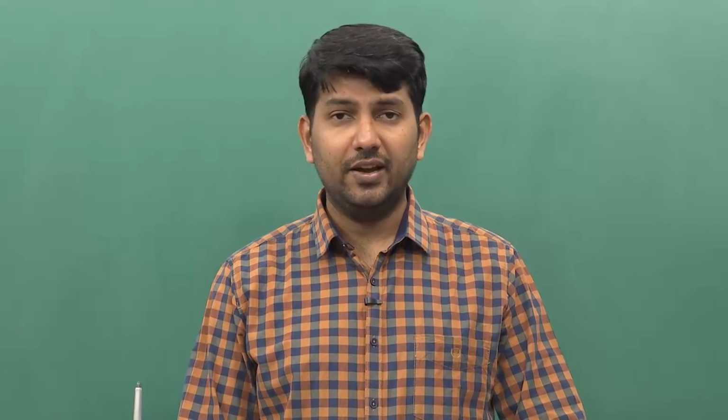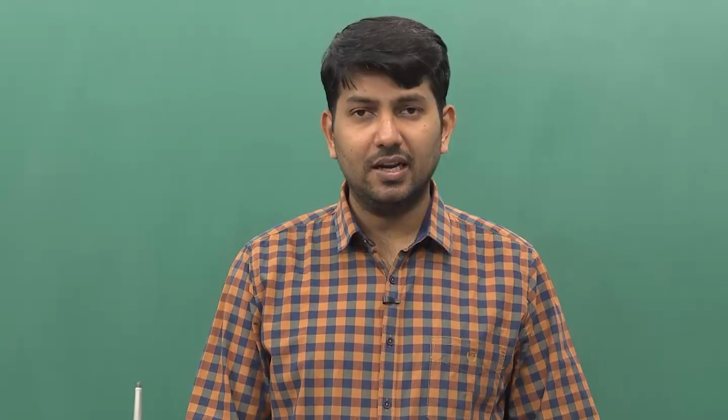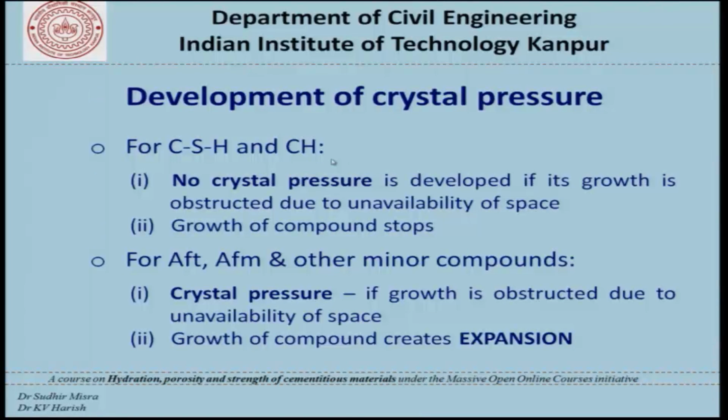So, when ettringite is getting formed at a later stage where you do not have enough space because all the hydration compounds are already formed, the formation of ettringite creates crystal pressure, causes expansive stresses and cracks concrete, which we have already dealt with in sulphate attack. The same usually does not happen with compounds like calcium silicate hydrate or calcium hydroxide, even if their growth is stopped.